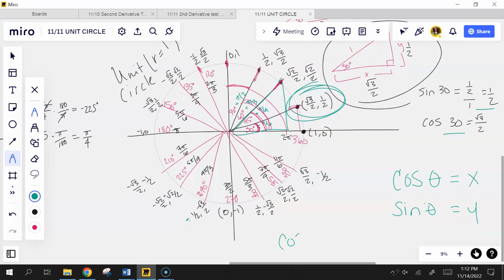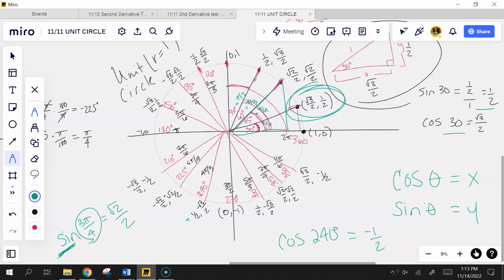What's the sine of 3 pi over 4? You find this on the unit circle, and then you take the y value there.